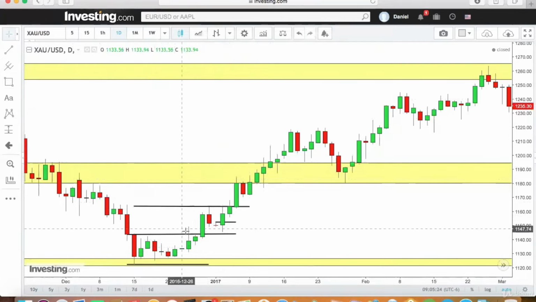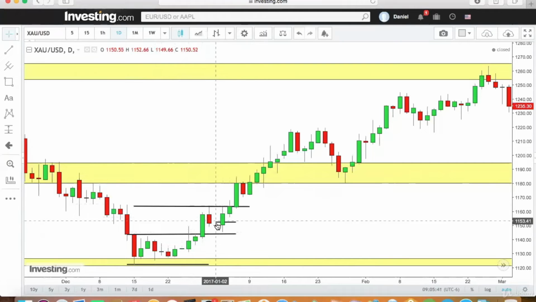Price broke, made a new high, pulled back, broke again, tested new structure to the left, had your pullback off of this new high level, and then that's where you're looking to enter your trade off of this retest and a momentum move to the upside.